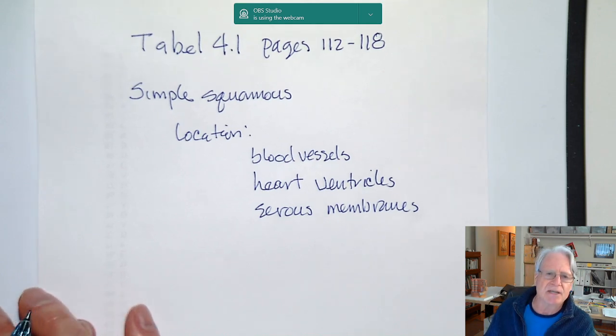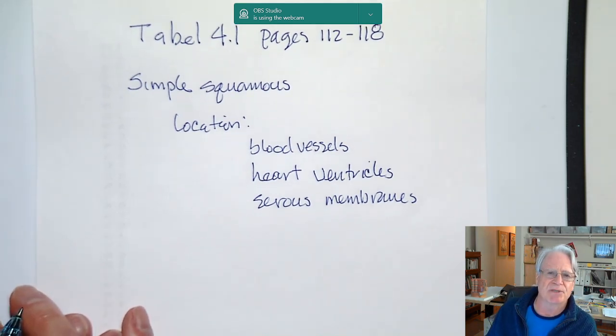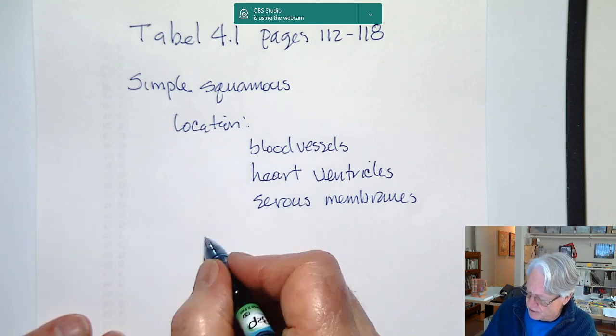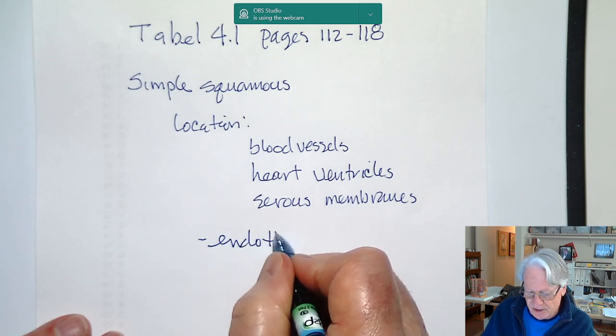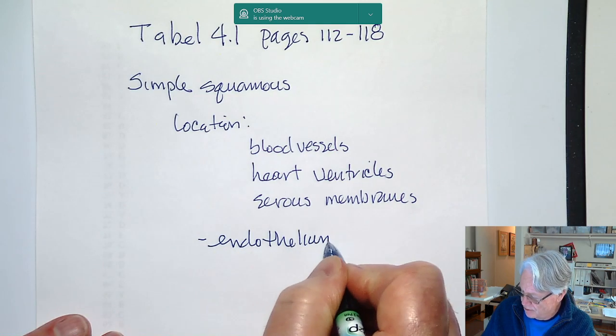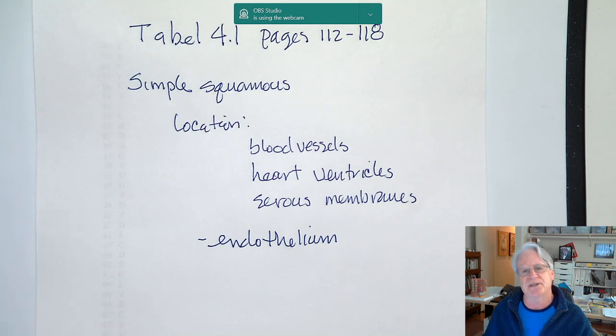Now, one of the things that often comes up with students is terminology here, because you will hear or see a term like this, endothelium, and you'll look at that and say to yourself, well, that sounds an awful lot like epithelium, but it isn't actually epithelium. It's something else. It's called endothelium. So what am I really talking about? Well, this is in fact epithelium, and it's often associated with simple squamous epithelium.